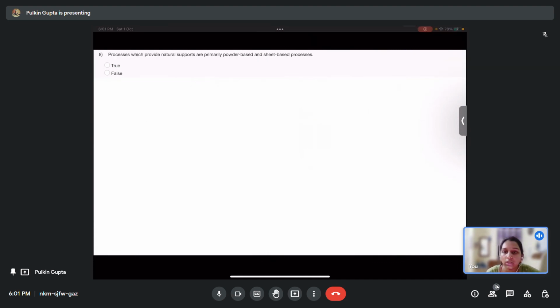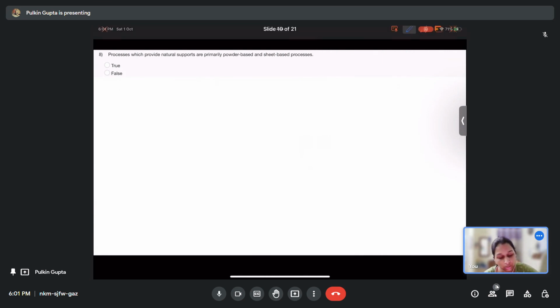Now, question 8. Processes which provide natural supports are primarily powder-based processes and sheet-based processes. True or false? Answer is true.